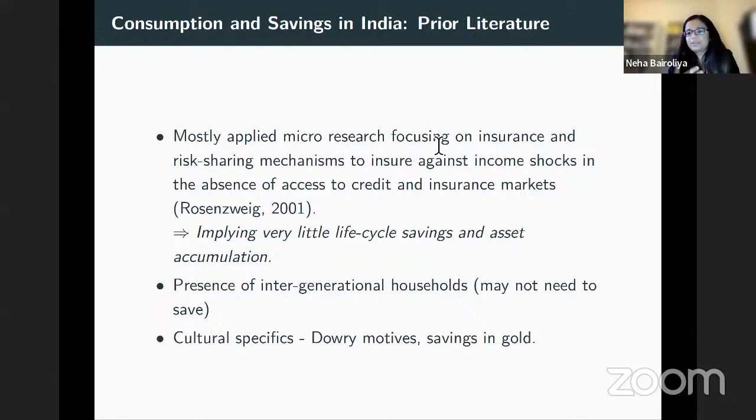Some of these papers are looking at very specific channels, like dowry, for instance, or presence of intergenerational households. But the data sets that they utilize are usually very small surveys, which are not representative of the economy as a whole.